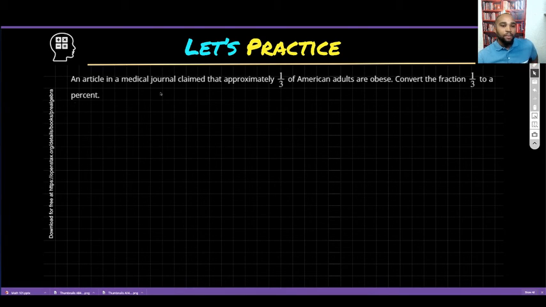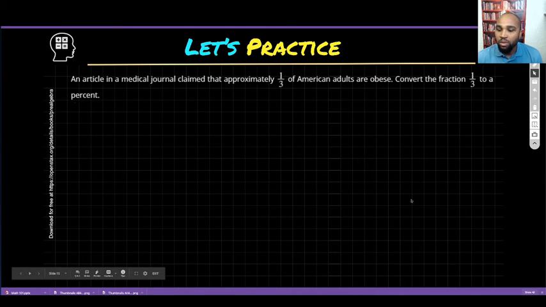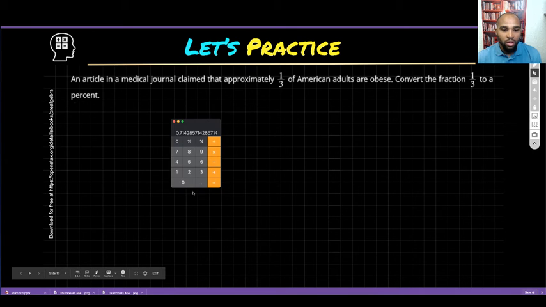An article in a medical journal claimed that approximately 1/3 of American adults are obese. Convert this 1/3 to a percent. So if you try to convert 1/3 to a decimal, what kind of number are you going to get? If you remember, 1 divided by 3, you're going to get this repeating decimal. So when I write the fraction out, I need to make sure I notify that.